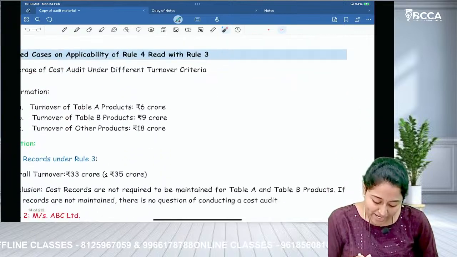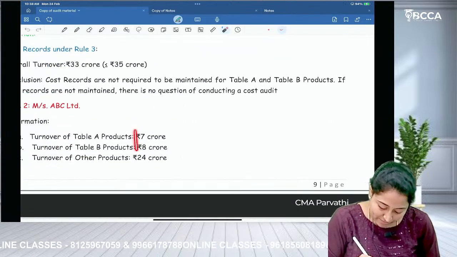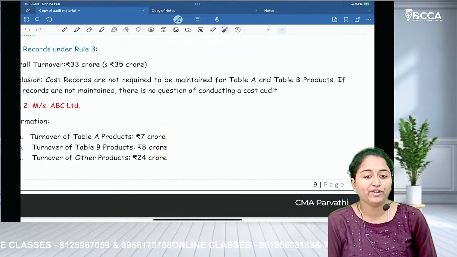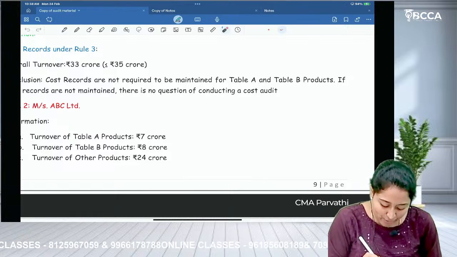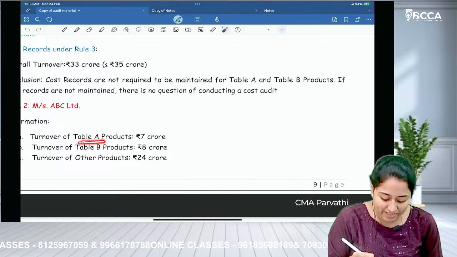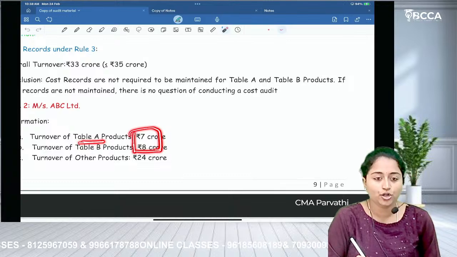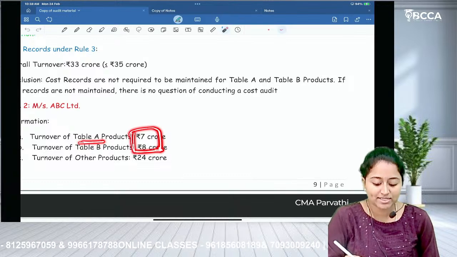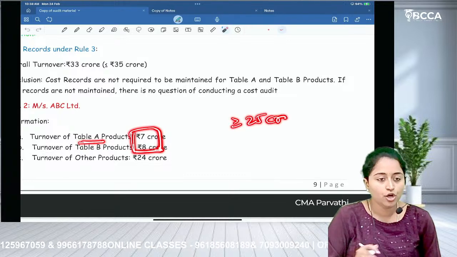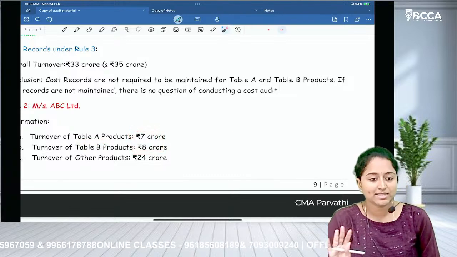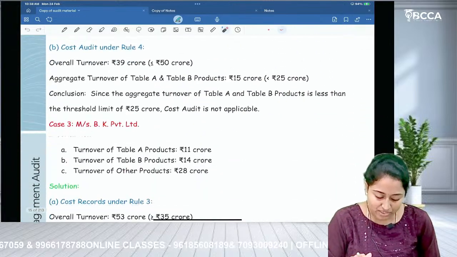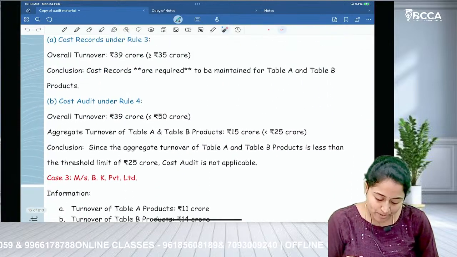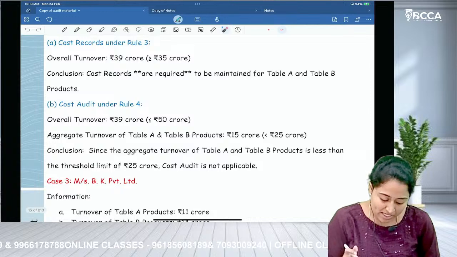Now, regarding individual products, is it more than or equal to 25 crores? No. Here, we will not only see regulated, we'll see combinedly regulated and non-regulated. So, combinedly regulated and non-regulated, is it more than or equal to 25 crores? No. So, first two didn't satisfy. So, only cost records have to be maintained. Cost audit will not be done.